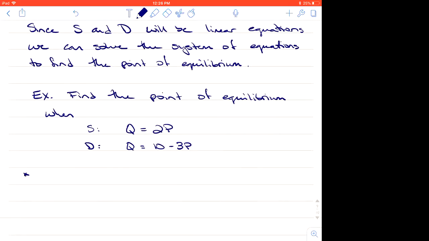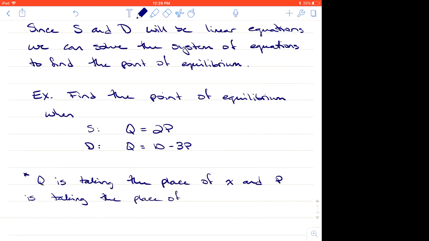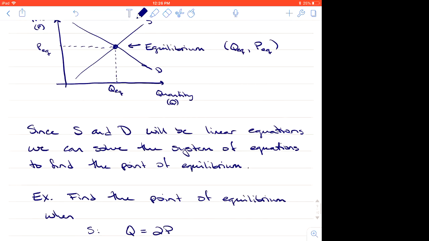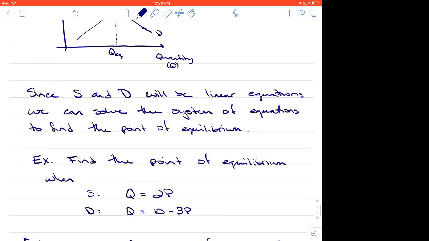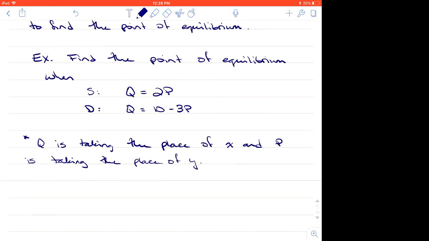I'll make a quick note here: Q is taking the place of X, and P is taking the place of Y. I'm just stealing that from our graph, right? Prices on the y-axis, quantities on the x-axis. So it's the exact same thing, just a little bit different.